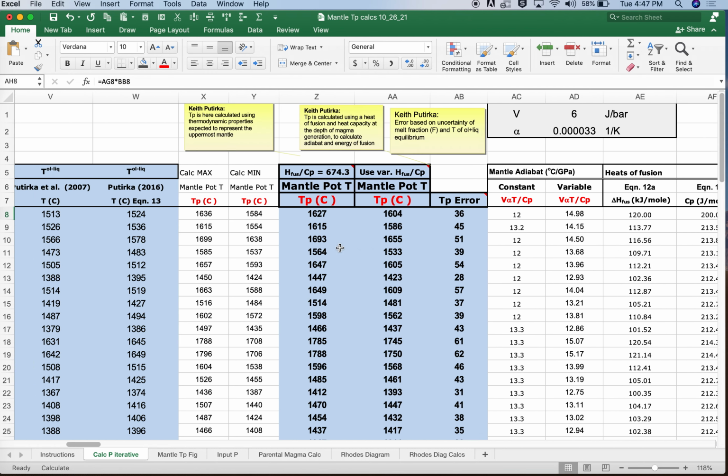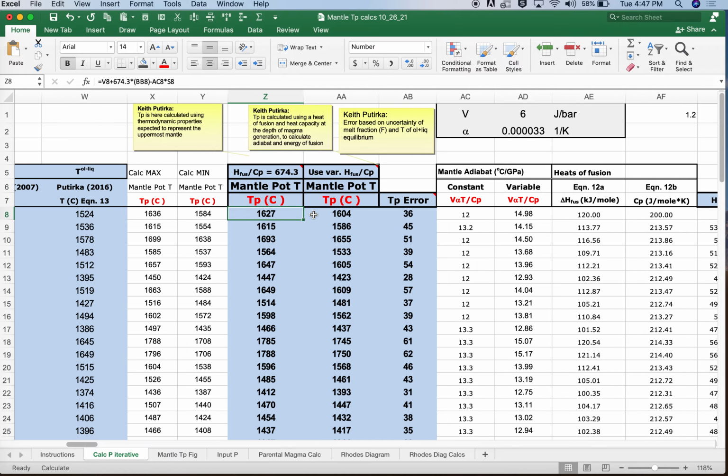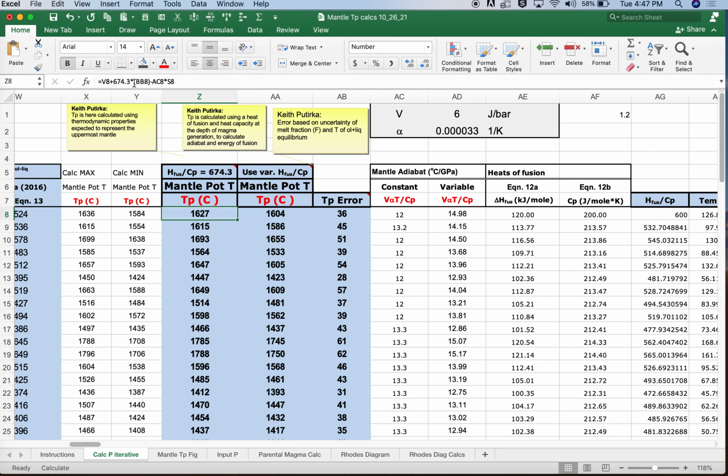increase. And then, again, if you come over to this column in Z, this is going to use a constant value. So this variable case over here, where we let H and Cp vary, that's going to play into this estimate for Tp. But what if you don't want to fuss with any of those? Over here, we just have a constant value, 674.3. That is for the value of delta H over Cp.